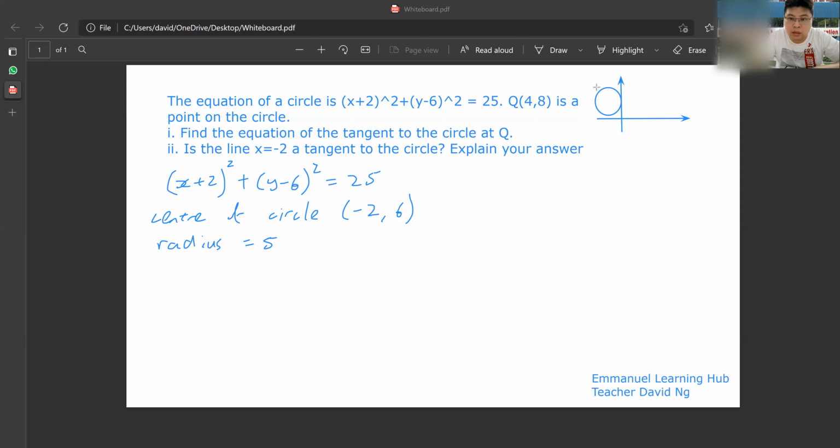Something like that. Actually, 4, 8 is not a point on the circle.